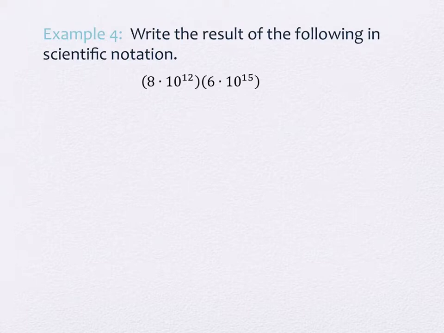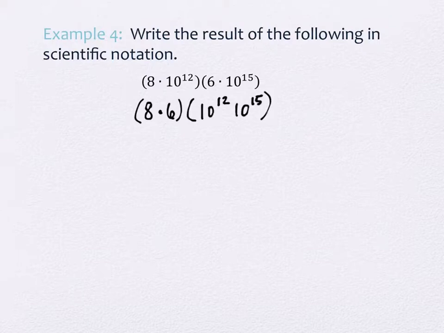So here is a problem that is in scientific notation to begin with, right? 8 times 10 to the 12th, 6 times 10 to the 15th, and I'm supposed to multiply the results together. Because multiplication is commutative, I can actually regroup these so that I multiply the 8 and the 6, and the 10 to the 12th and the 10 to the 15th, because multiplication is commutative and associative for that matter.